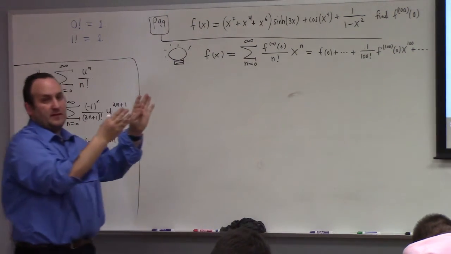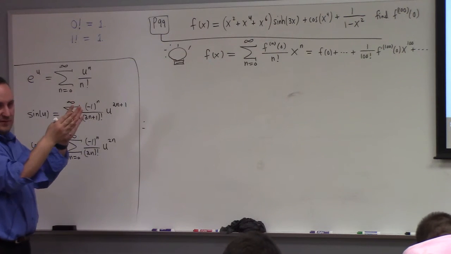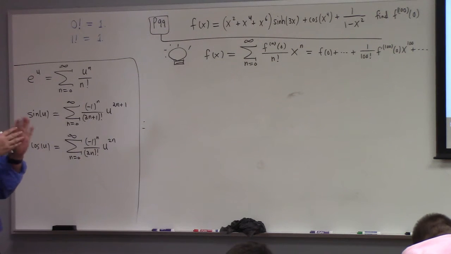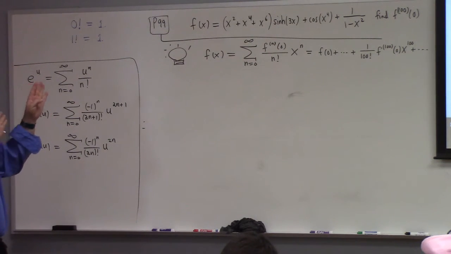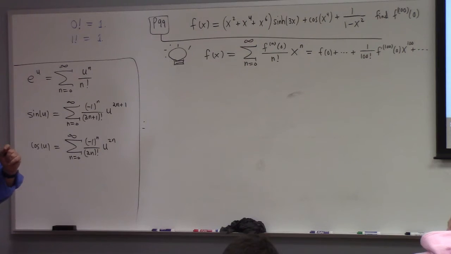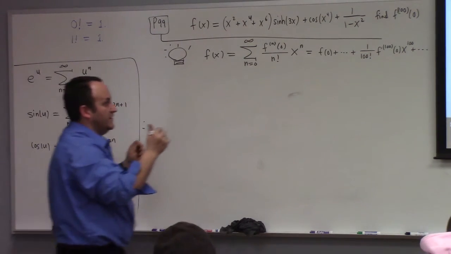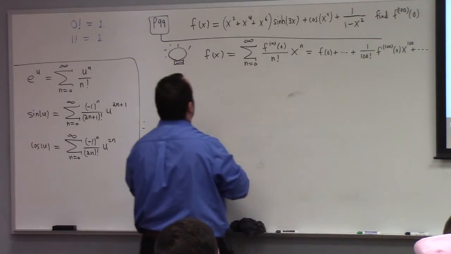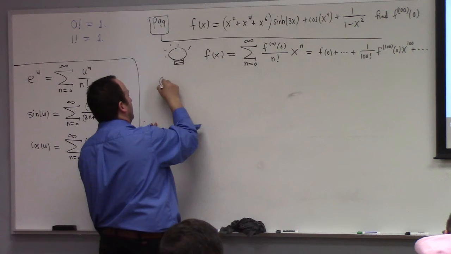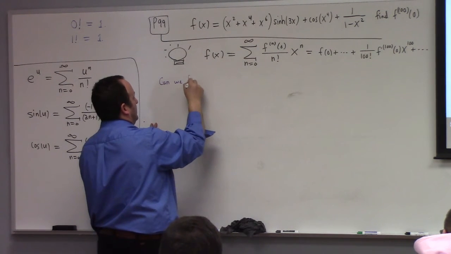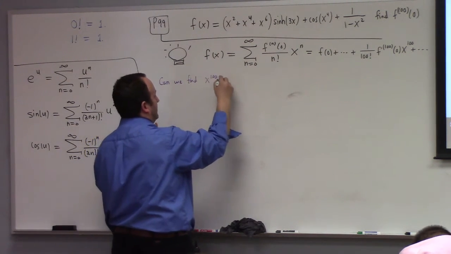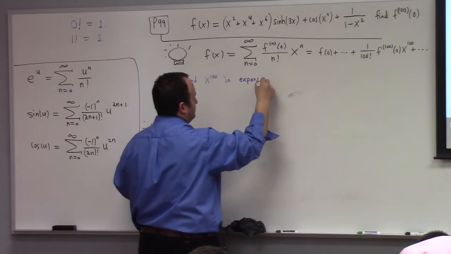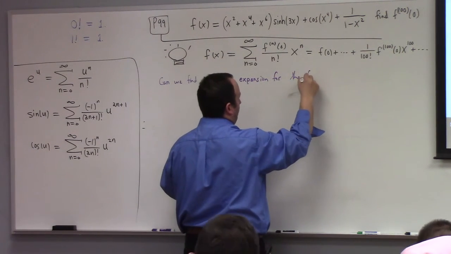It's somewhere. But this 100th power term is somehow constructed by the sum of the 100th power terms from the things that are making up the function, right? So when I think about this, I think about it item by item. Like, can we find x to the 100th in the expansion for the following?